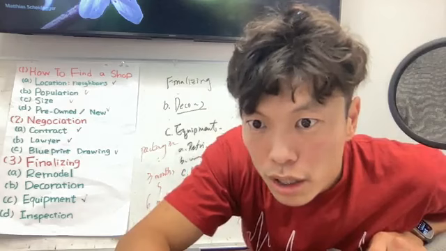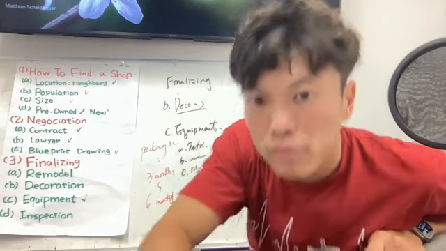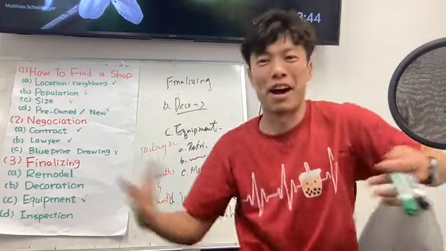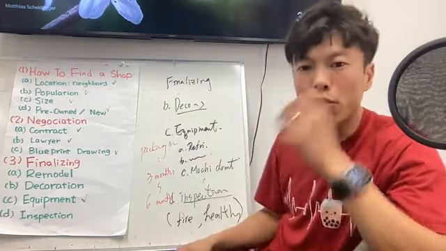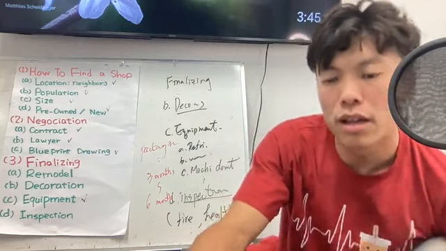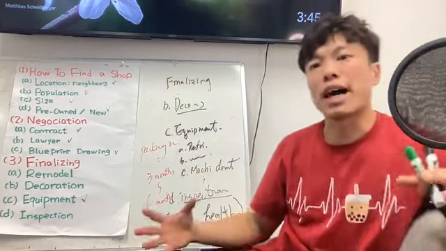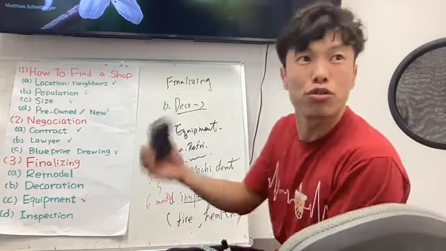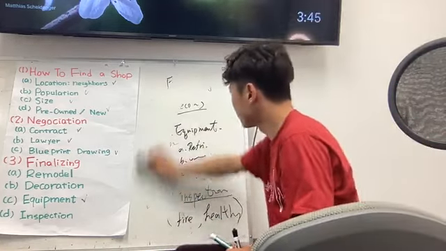Okay, can you show us a sample of a blueprint? Oh, great. I don't have that on hand, but I think you can Google it a little bit. Later I will text you a blueprint so you can see what it looks like. I can draw a little bit, but I'm not really a good drawer.